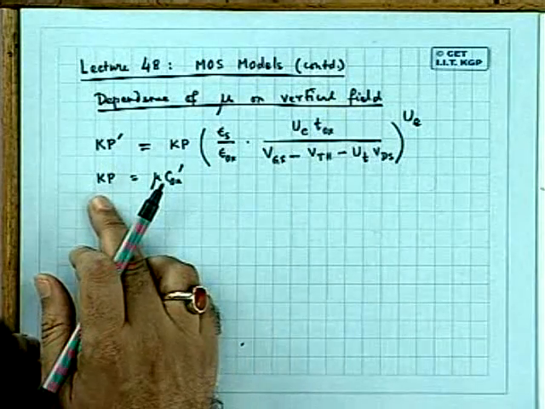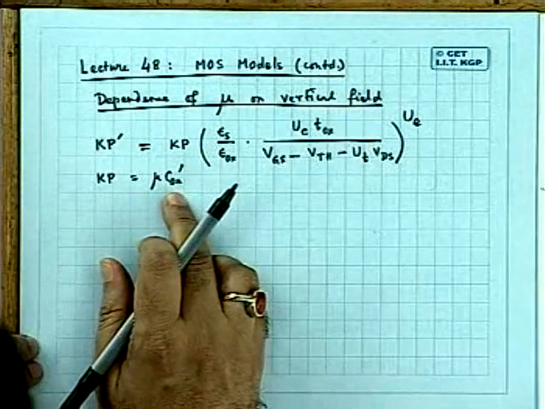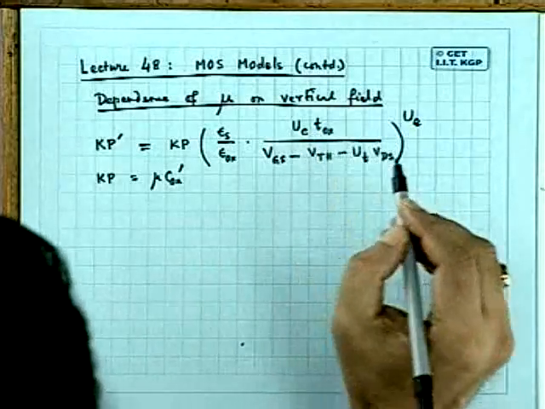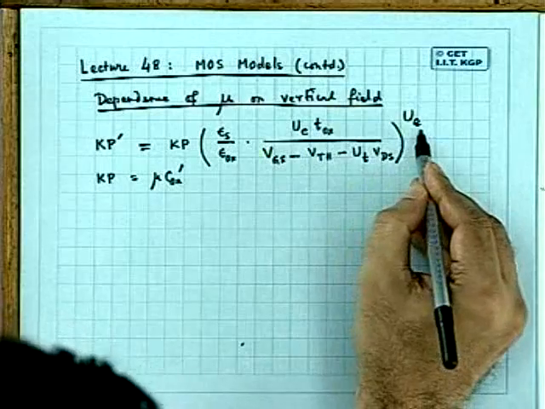Instead of directly writing mu Cox dash, you write mu Cox dash multiplied by this factor, where I have brought in three parameters: UC, UT, and UE.